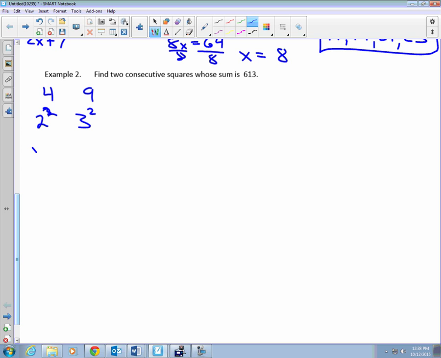So you have x squared, and then you have x plus 1 squared. So those are consecutive squares. See how I did that? So whose sum, we'll add them up, x squared plus x plus 1 squared is equal to 613.